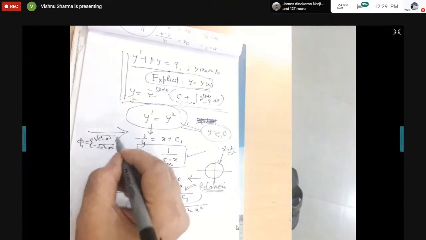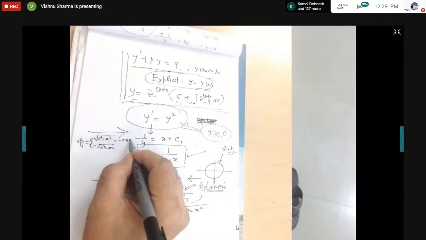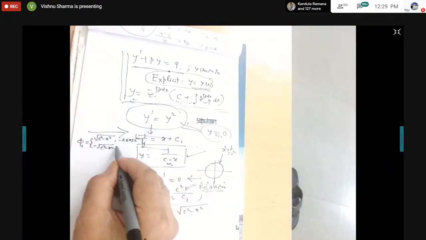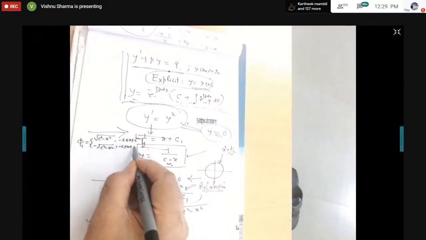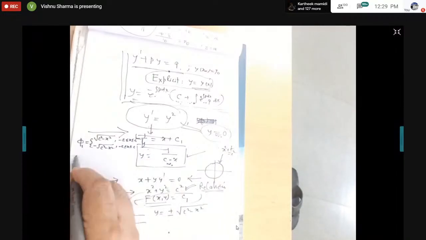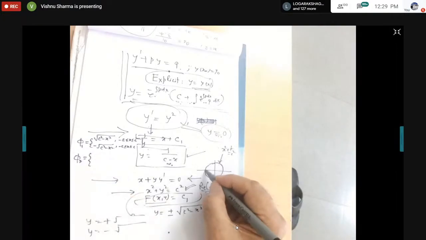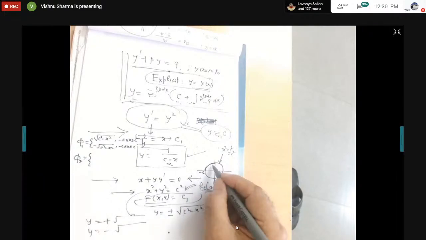And this is on the interval minus c less than or equal to x less than or equal to c. Okay? There could be some other function I can write. Let me take this part, this is your minus c, this is your plus c.